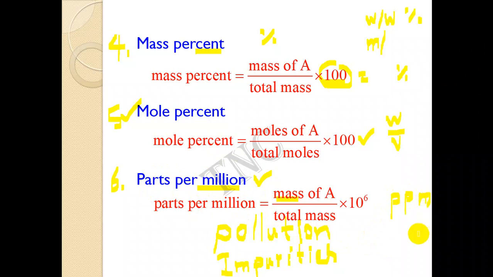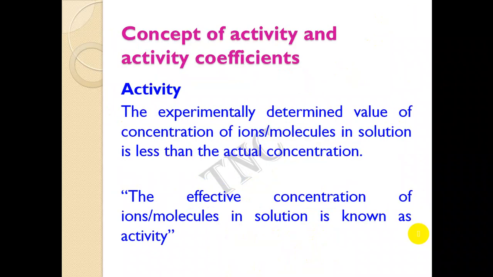So that's all about concentration terms. Let's move to the next topic. We have 6 different concentration terms in chemistry. Particularly in solution, we handle all these terms. If you calculate this concentration term, that is known as actual concentration.